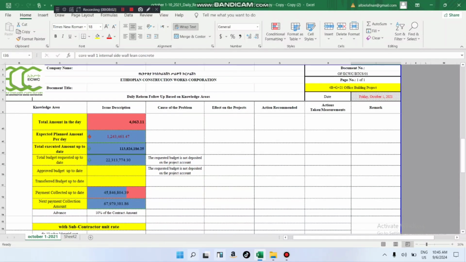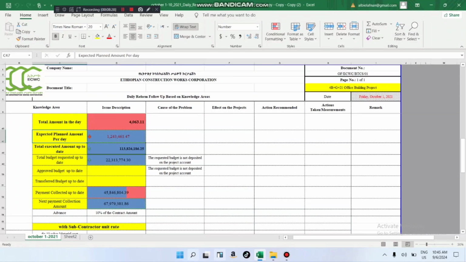Anyhow, then you report how many executed amount or executed work quantity times rate. Then you get the amount that you spent in one day for any work, against the expected plan.